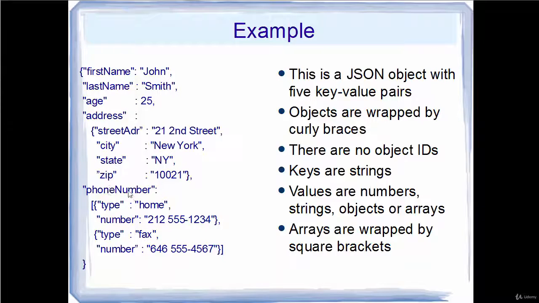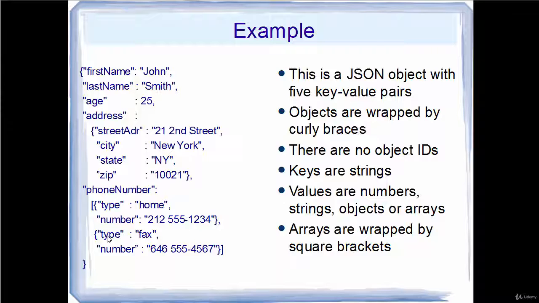Now let's come to the phone numbers, right? So a person can have multiple phone numbers, okay, and you can define these phone numbers in the form of an array. So you can see a square bracket here, and inside the square bracket you have defined two objects. The first object has type home and a number, whatever the number is, right?